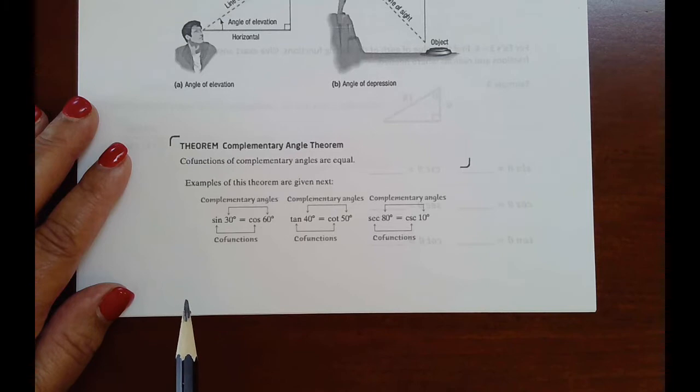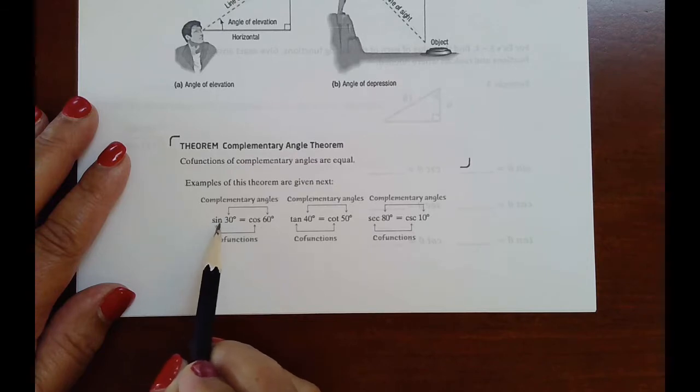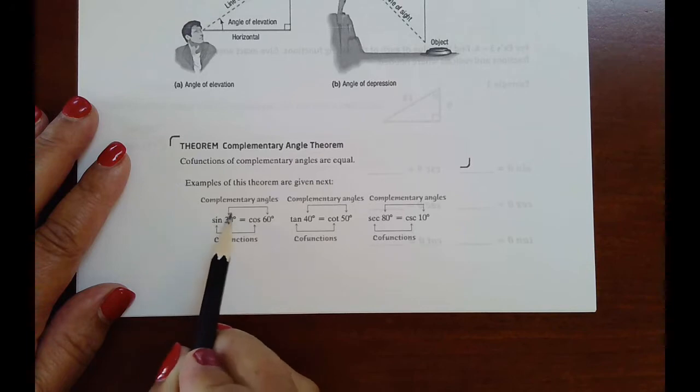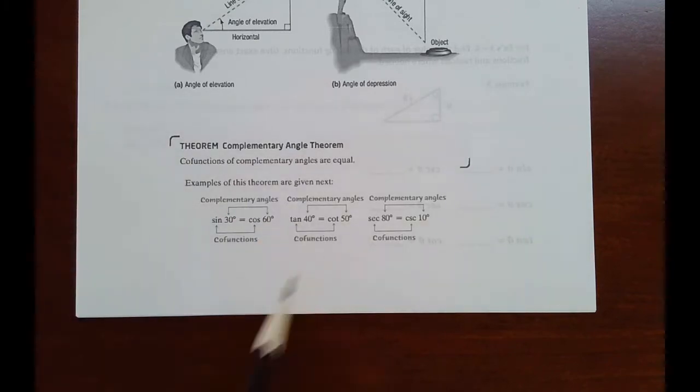What this theorem states is that once you pick two complementary partners, like sine and cosine, whatever angle you use for one, the complementary angle is what you should use for the other.